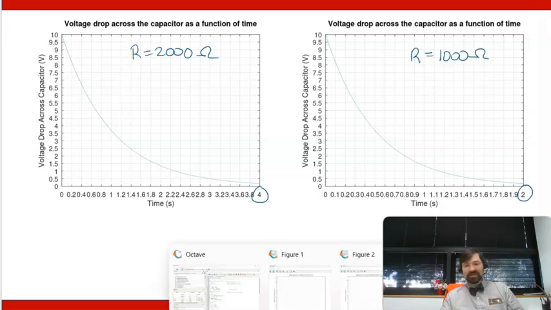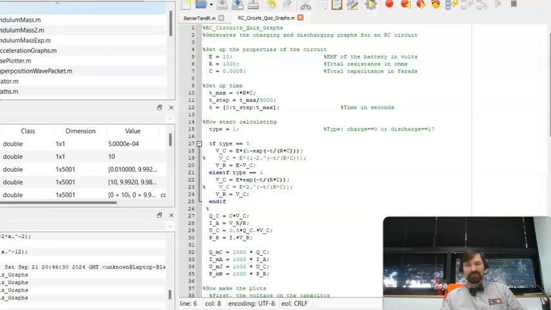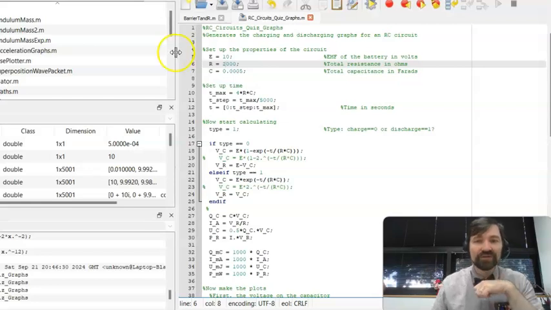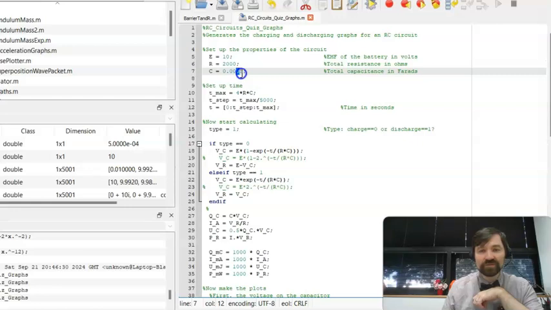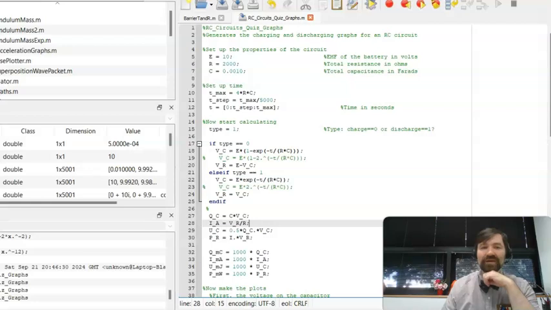So let's go back and change the value back to 2,000 as we had before, and let's change the capacitance now. Maybe instead of 0.0005, we'll make it 0.0010. So I've basically doubled my capacitance.